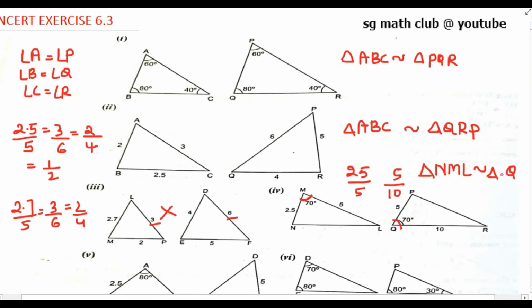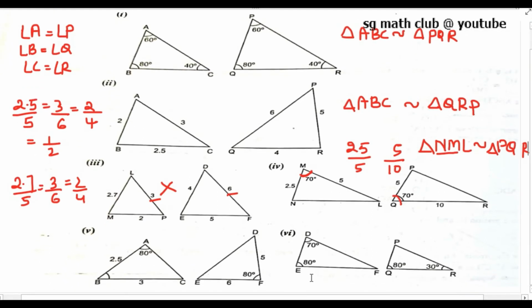Then PQR, because the corresponding side of MN is PQ, and the corresponding side of ML is QR. So when you are writing this, you should be careful. Triangle NML is similar to triangle PQR.